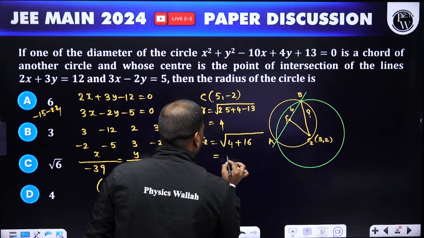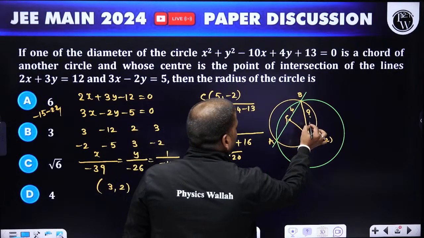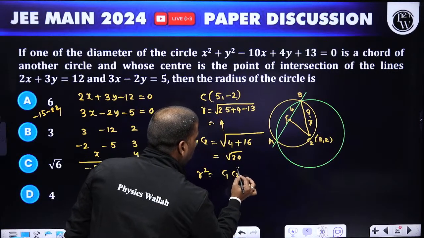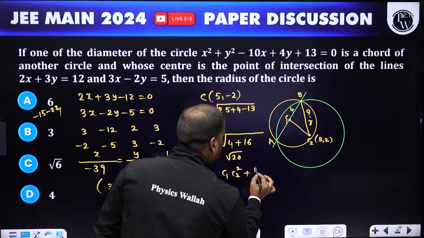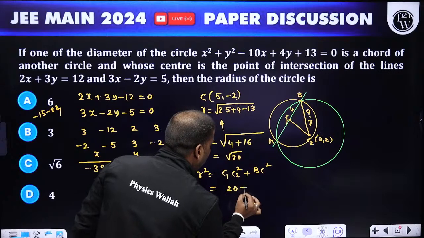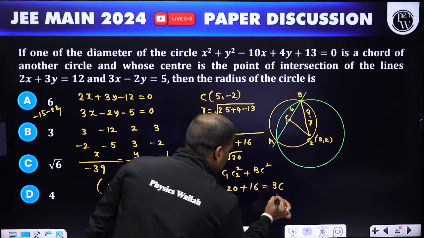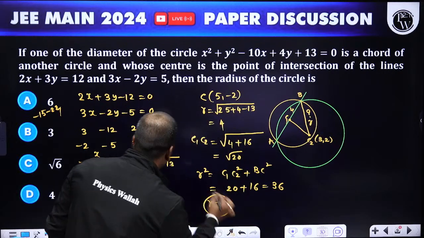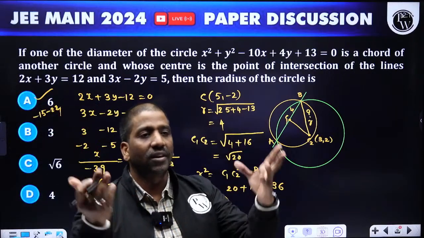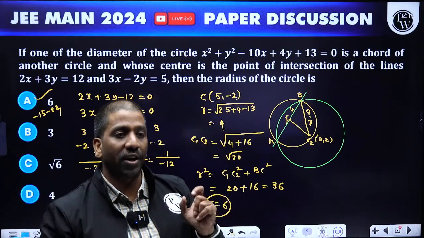Here for the radius, r square is equal to C1C2 whole square plus BC square, since it is a right angle triangle. So 20 plus 16 is 36. Then R is equal to 6. If you understand the question, visualize and apply the things, then we would get it. It is a question from circles, coordinate geometry.